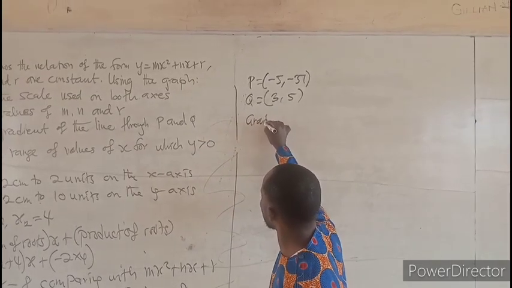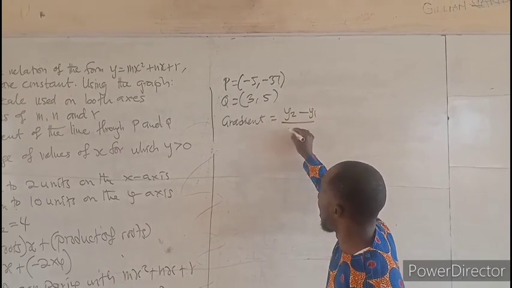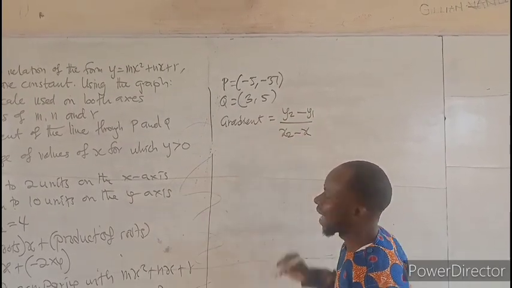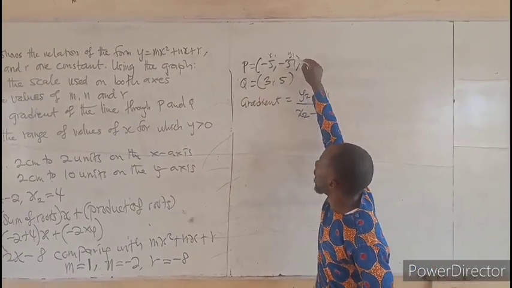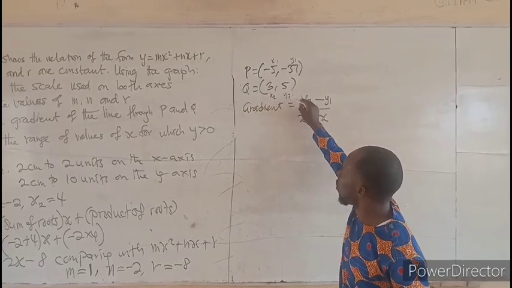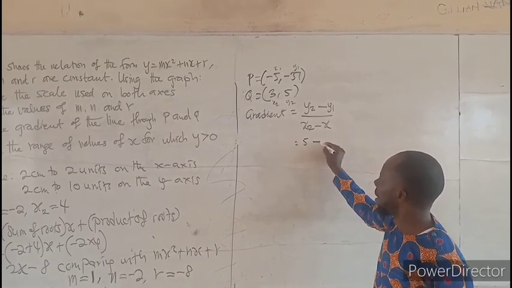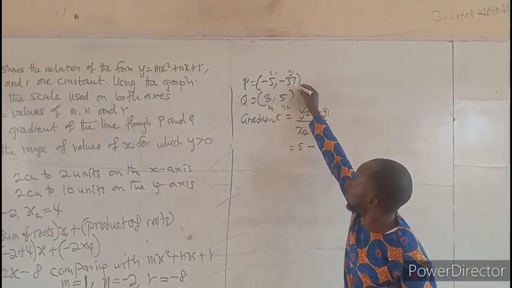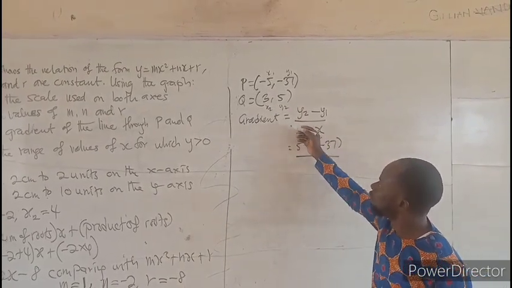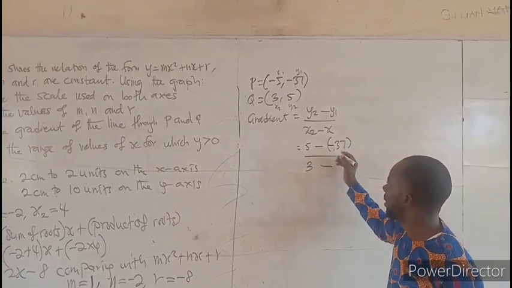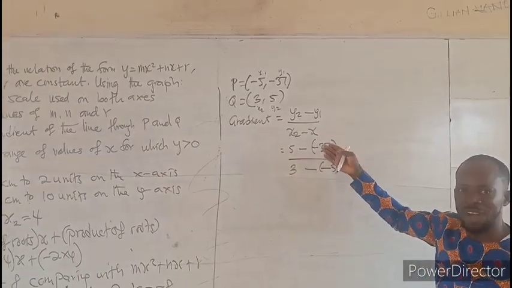We know gradient is going to be change on the y-axis over change on the x-axis. We are having PQ. So this is our x1, y1, x2, y2. So beginning from y2, that becomes 5 minus minus 37, over x2, which is 3, minus x1, minus minus 5. Then minus together will give us positive.